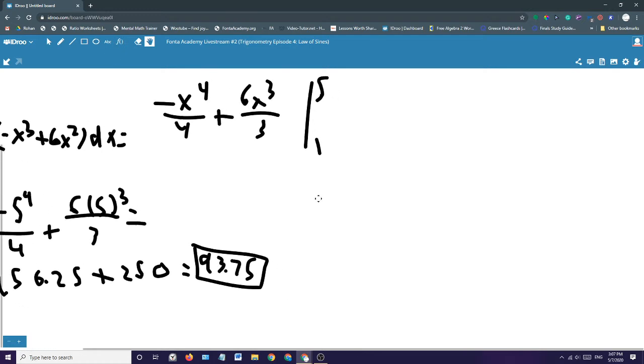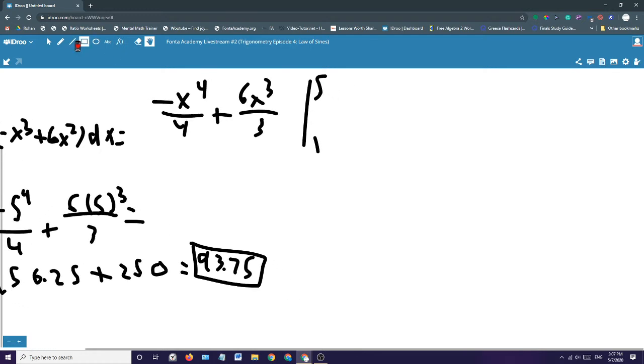Actually, what we need to do is f of 5 minus f of 1, and then that will give us our final answer.